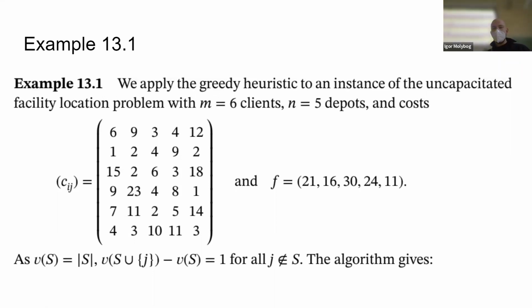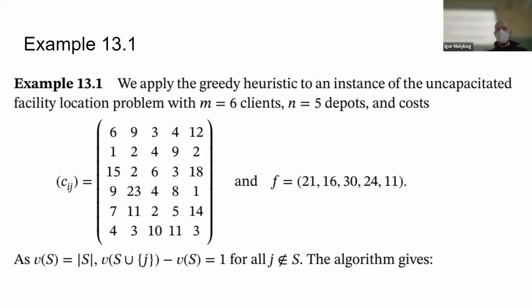So we have an example, particular values for the cost matrix Cij and the vector f, and we apply the greedy heuristic to an instance of the uncapacitated facility location problem with m equal to 6 and n equal to 5.